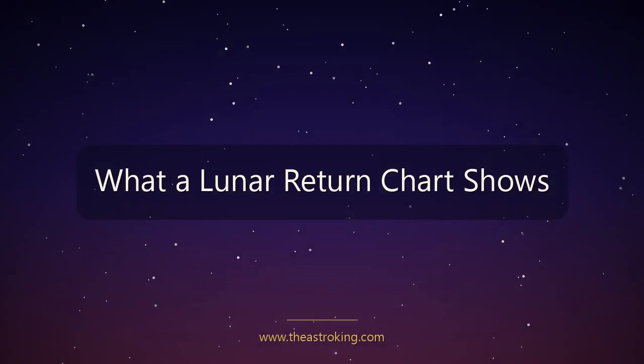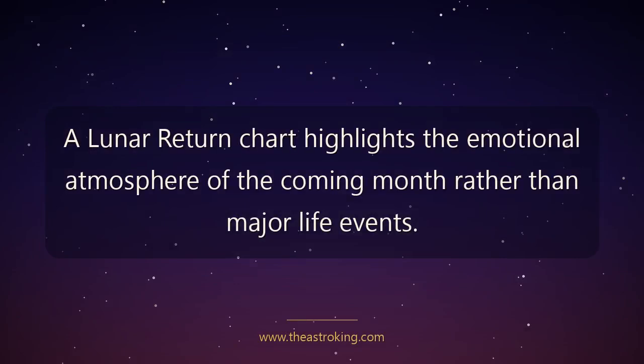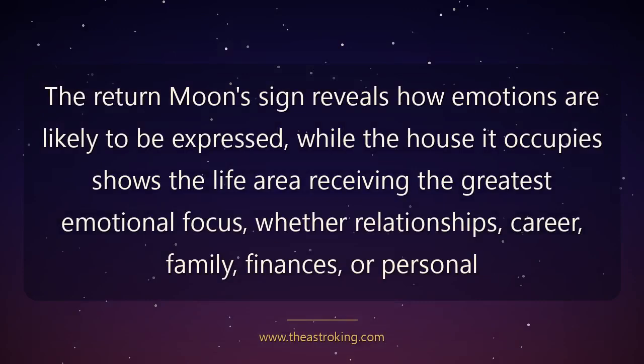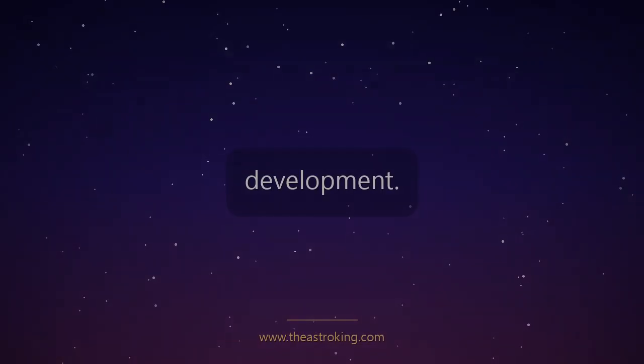What a lunar return chart shows. A lunar return chart highlights the emotional atmosphere of the coming month rather than major life events. The return moon's sign reveals how emotions are likely to be expressed, while the house it occupies shows the life area receiving the greatest emotional focus, whether relationships, career, family, finances, or personal development.